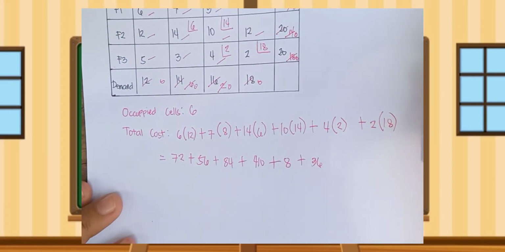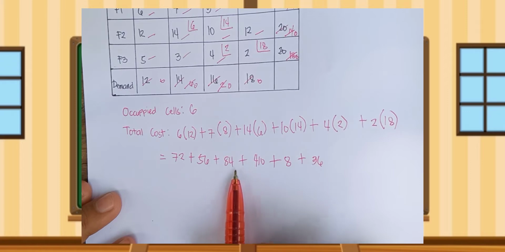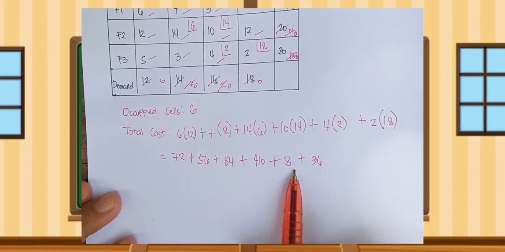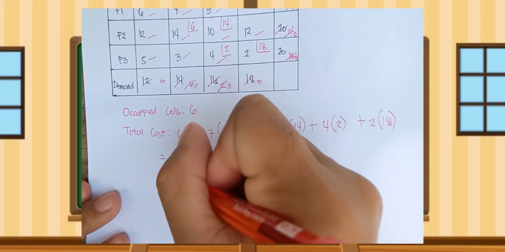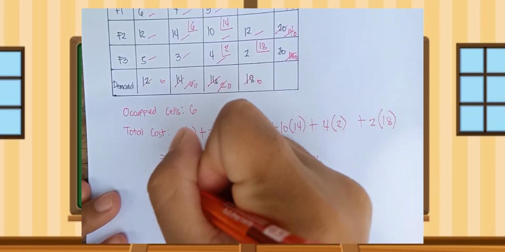So we have 72 plus 56 plus 84 plus 140 plus 8 plus 36. So our total cost is 396.